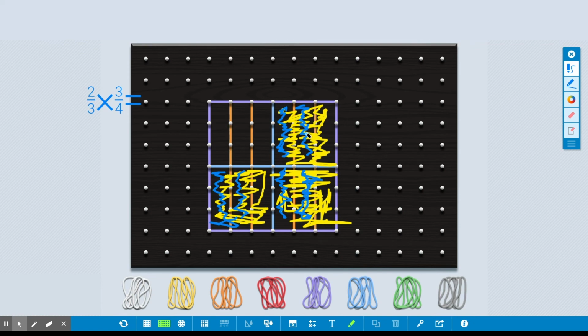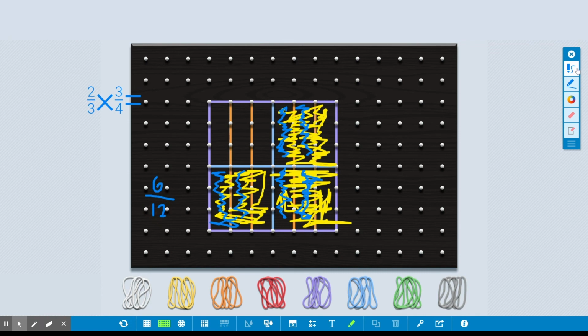So I have 1, 2, 3, 4, 5, 6. And how many pieces in total do I have? 1, 2, 3, 4, 5, 6, 7, 8, 9, 10, 11, 12. So I have 6/12.